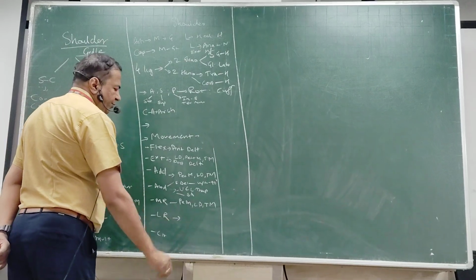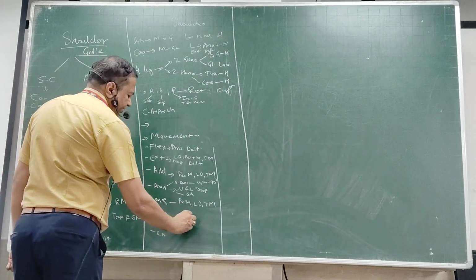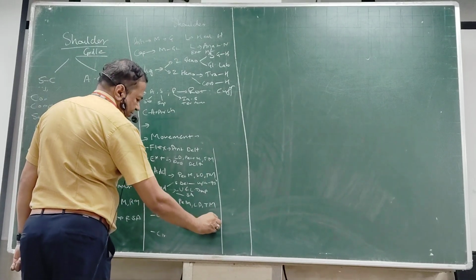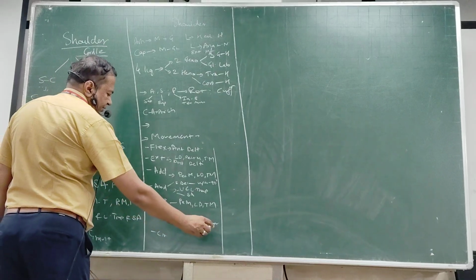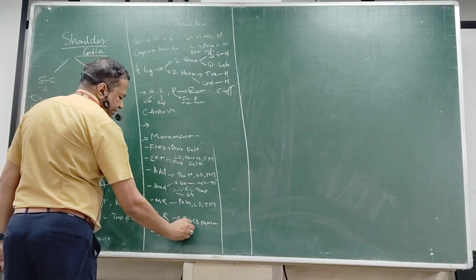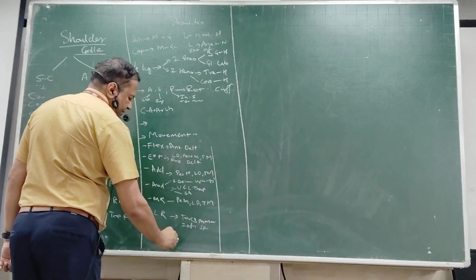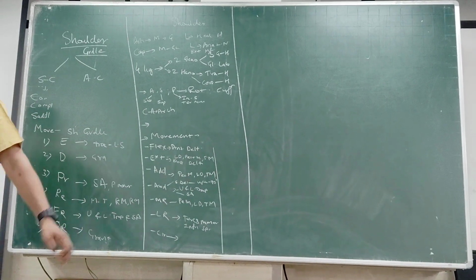Lateral rotation is brought about by the short lateral rotators, teres minor and infraspinatus. And circumduction is the combination of all these movements.